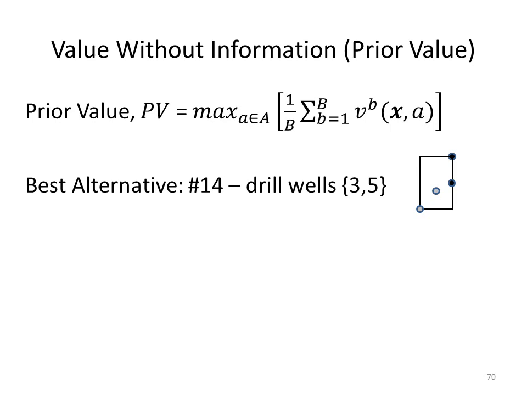So first, of course, we need to compute value without information, the prior value. In this case, we compute it over the set of realizations. And the best alternative is number 14. That gives the best prior value.